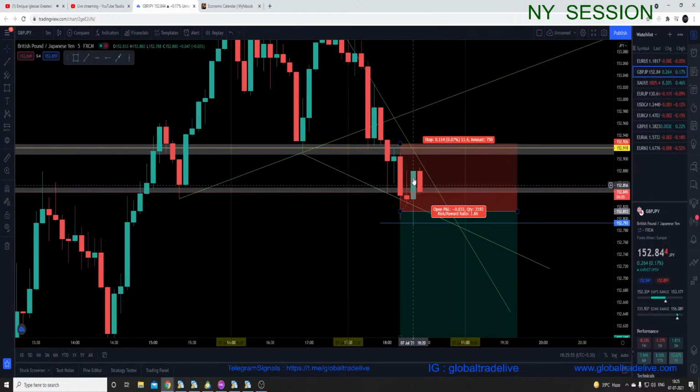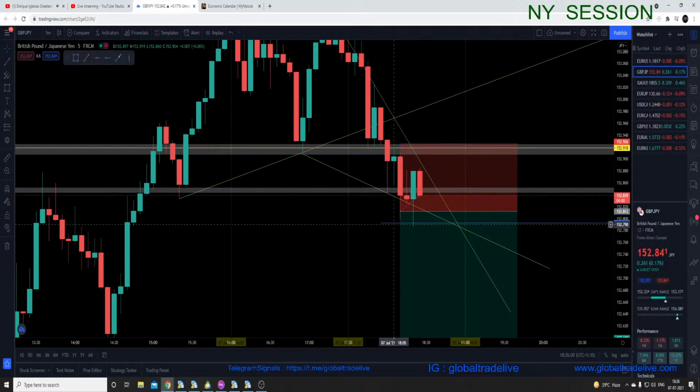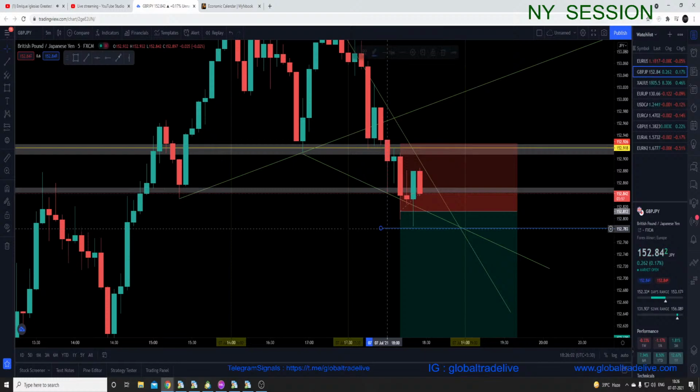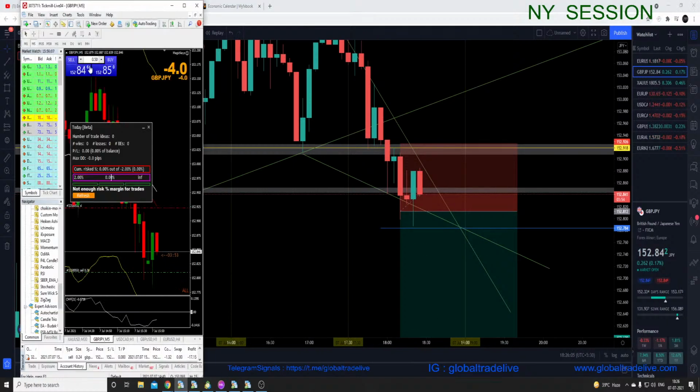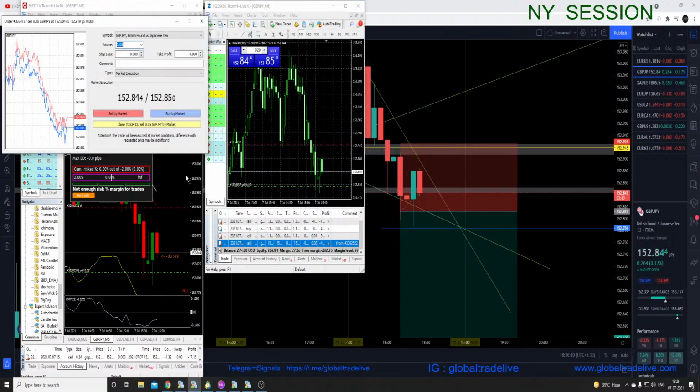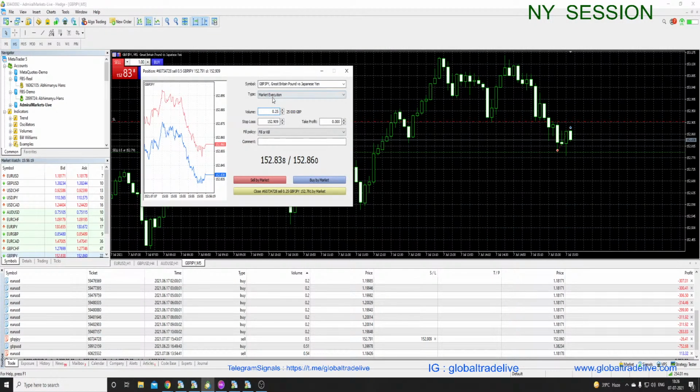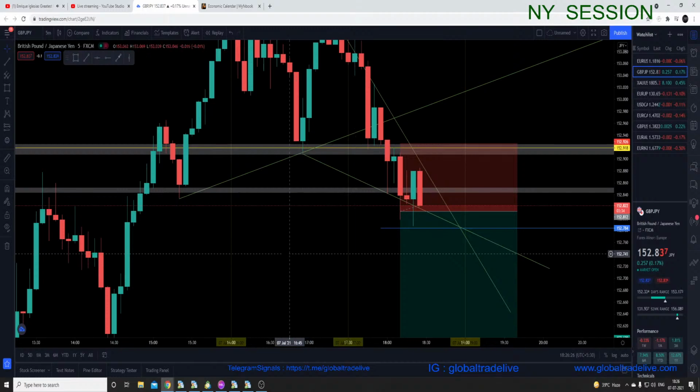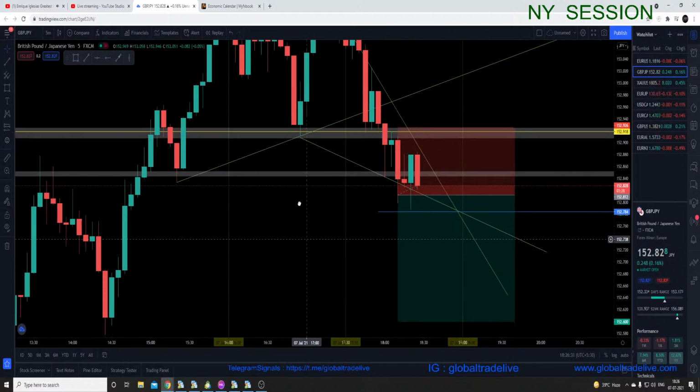So I'm gonna add the positions back once this candle breaks this low over here. Yeah, I think it should be rejecting this area and going all the way down.